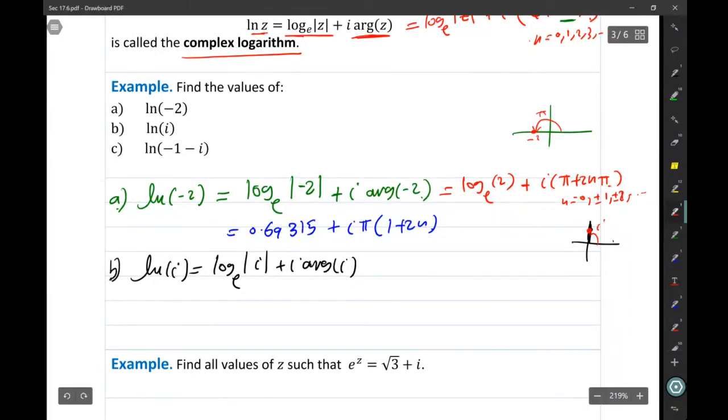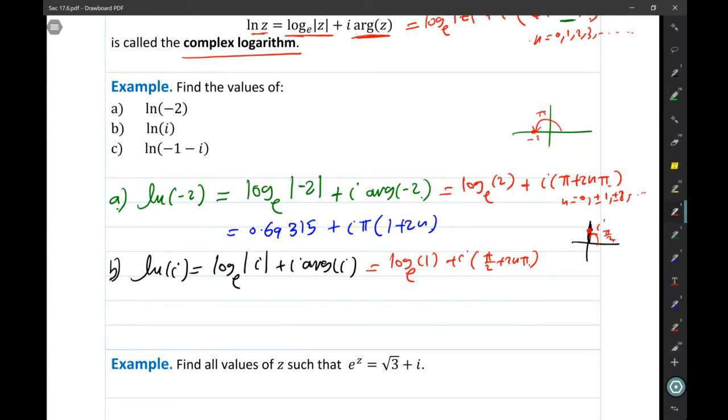This is i. Here the argument is pi over 2. How much is the absolute value of i? It is 1. Plus i times pi over 2 plus 2n pi.